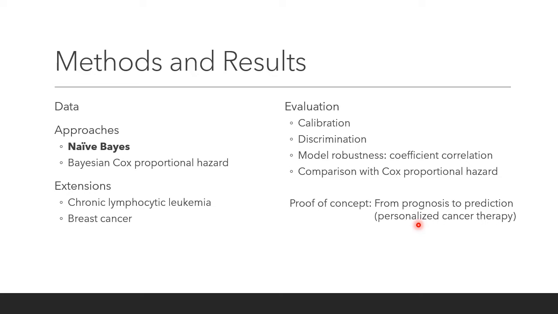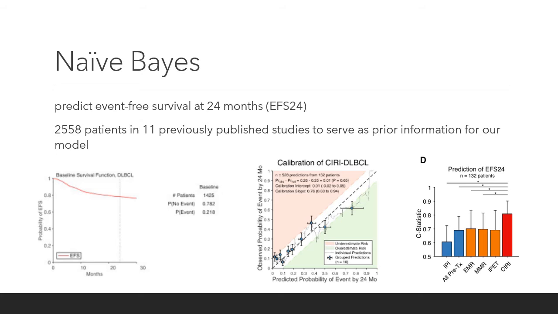Okay, this model series combines two approaches. The first one is naive Bayes, and the second one is the Bayesian Cox proportional hazard model. I will start with the first component of the model series, naive Bayes. You will see the left graph.